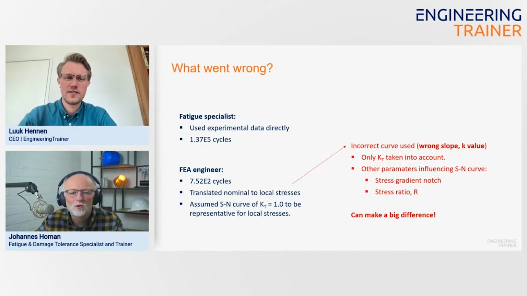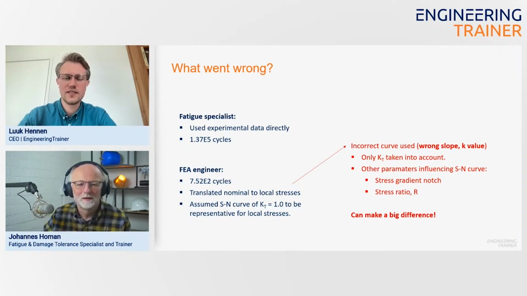So to summarize what went wrong, a fatigue specialist would like to take, as mentioned here, experimental data directly. So basically he uses an SN curve for the KT and achieves a fatigue life of 137,000 cycles. The FEA engineer, if he really takes the KT1 curve, gets a very short life compared to what the fatigue specialist would get.